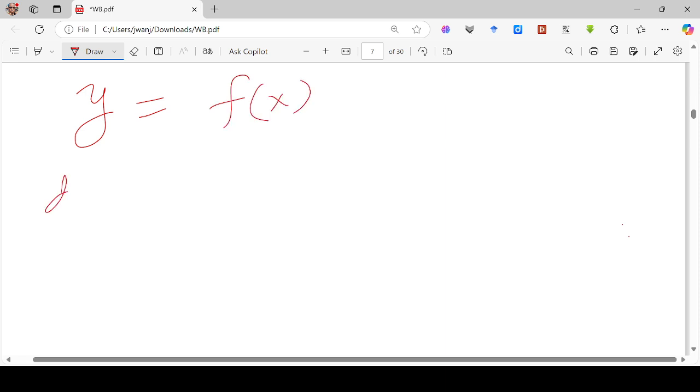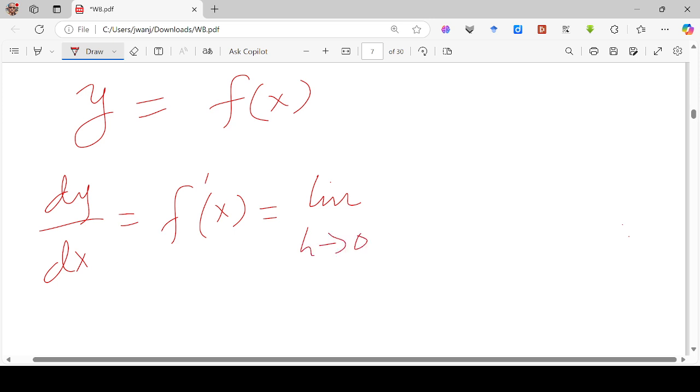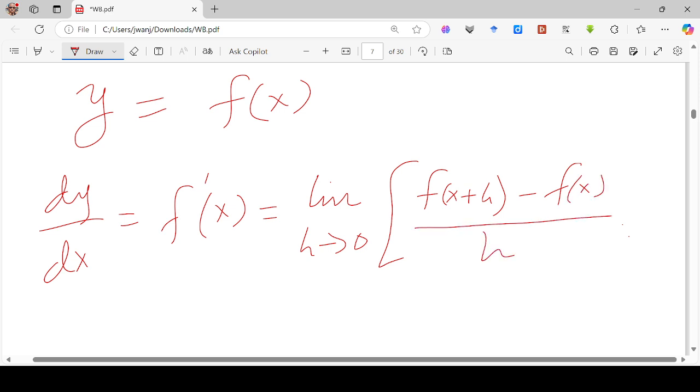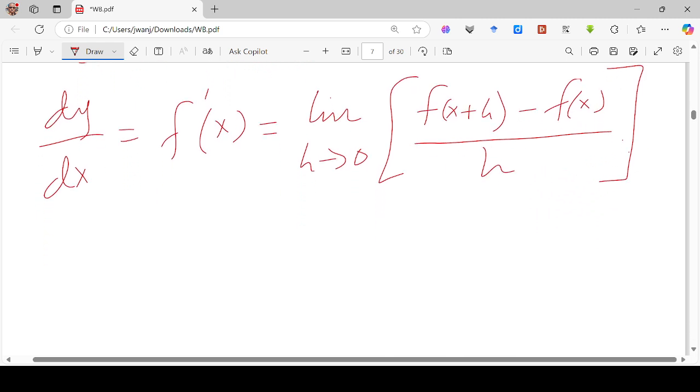Then the derivative dy by dx, which we also denote by f prime of x, is given by the limit as h approaches 0, f of x plus h minus f of x divided by h. This is what we call the use of first principles, or the definition of the derivative.